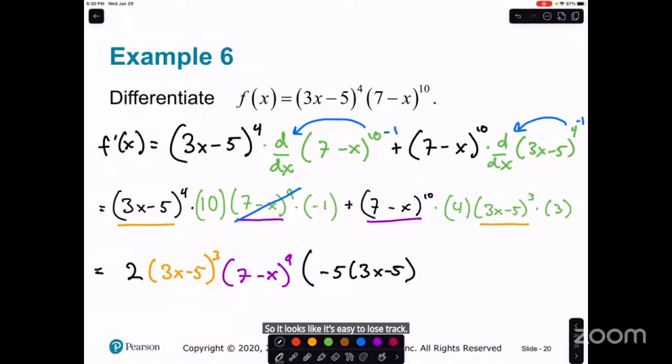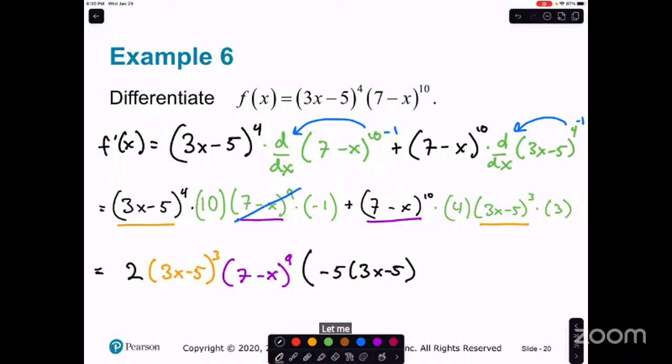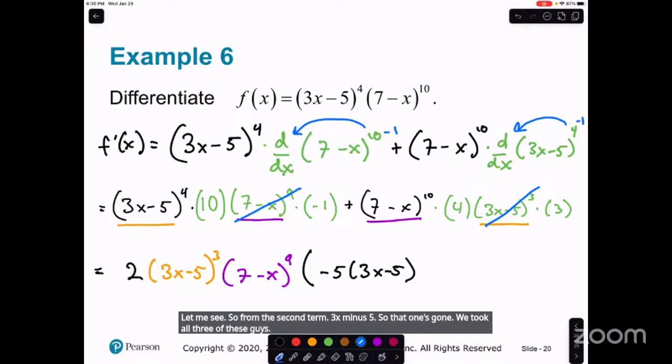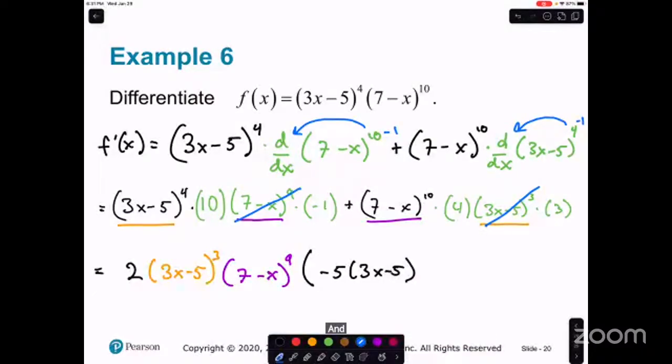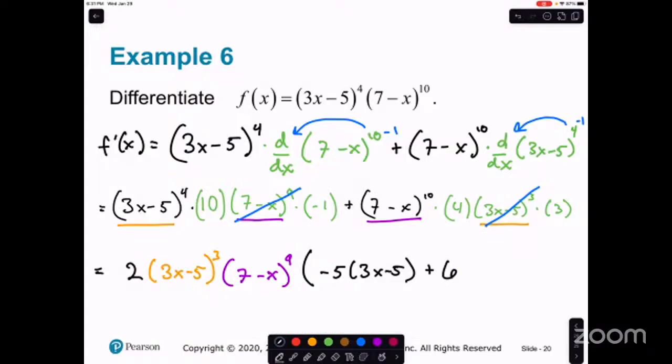So you just got to take your time, give yourself space, and slow down, right? Let me see. So from the second term, 3x minus 5. So that one's gone. We took all 3 of these guys. And I think we had one of the second one left over. Let me see, a plus. It looks like if that was 12, we factor out a 2, so it should be 6 times 7 minus x. Okay, I think we got one more step.